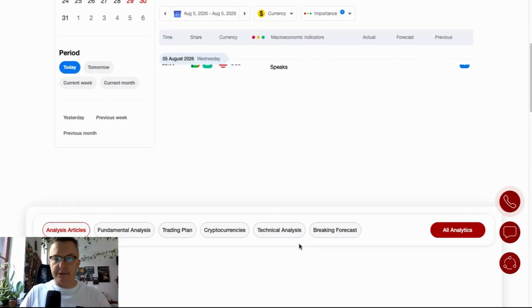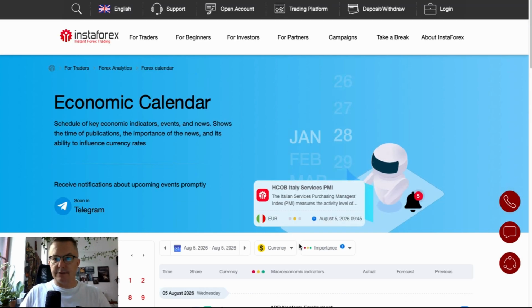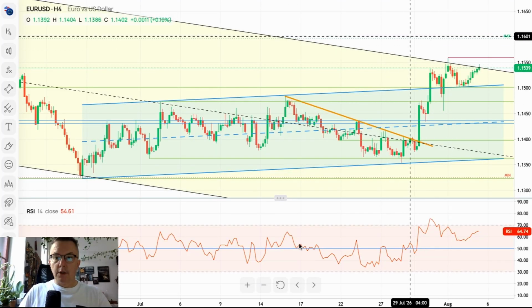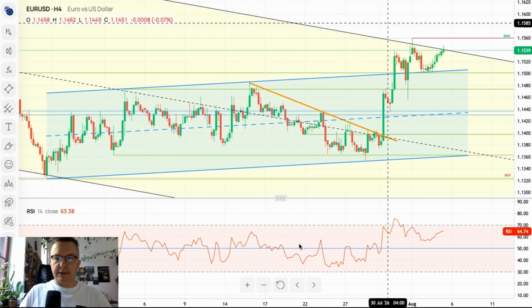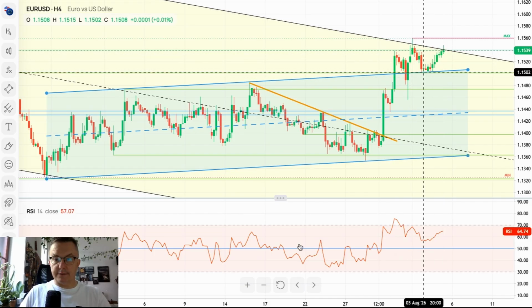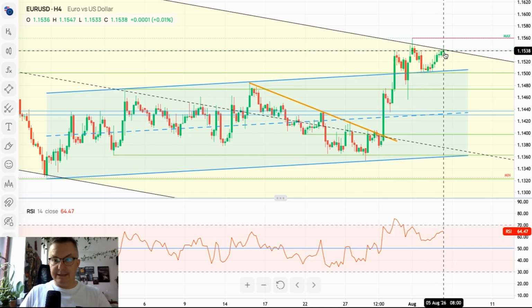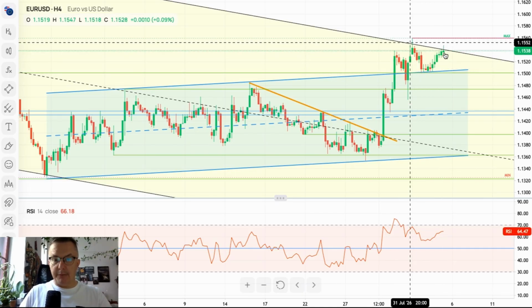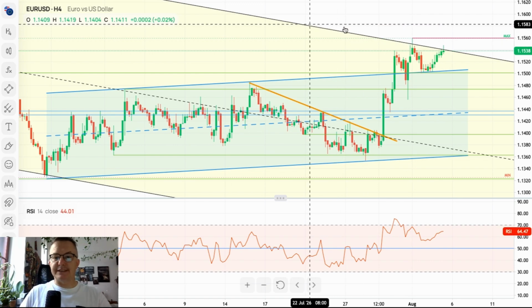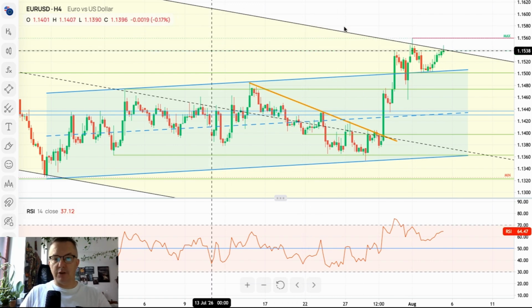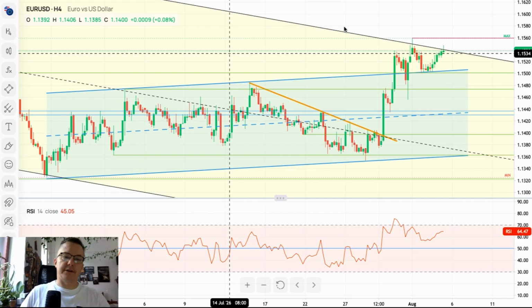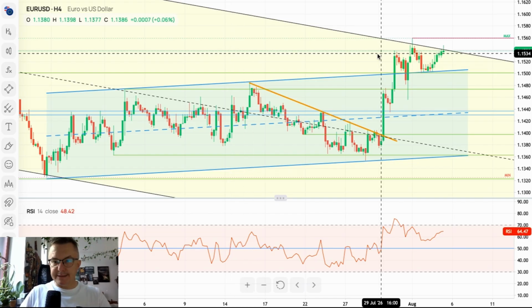So without any further ado, let's switch to the charts, and we start with euro dollar. Euro dollar for our time frame chart is showing us a breakout higher after the test of the upper channel line has been done. 1.15 is the major technical support right now in the short term, and we are right now testing yet again the upper channel line, the descending channel line, which is now colored a dark yellow, beige, something like this.